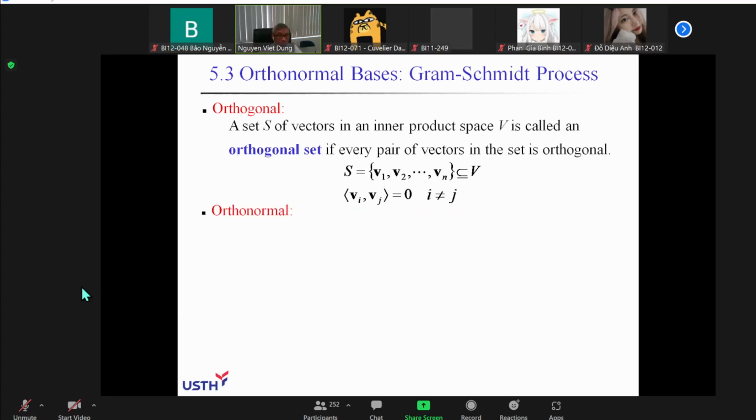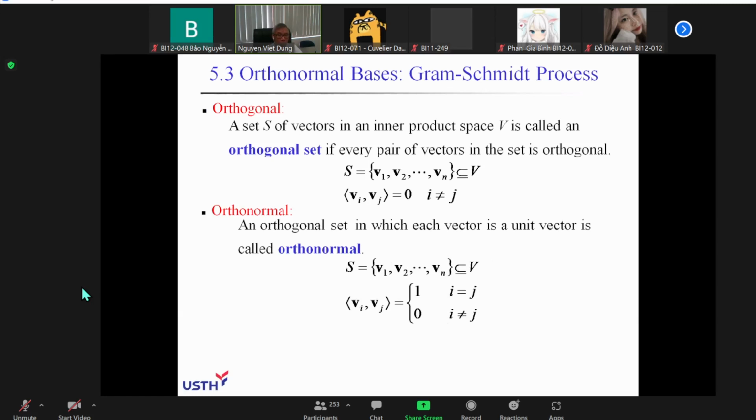But if more than that, we can define the orthonormal set or orthonormal system. It is as follows. An orthogonal set already, but now in which any vector is a unit vector, then we will call it an orthonormal set. We require that the inner product of Vi and Vj equals 0 if i is different from j.